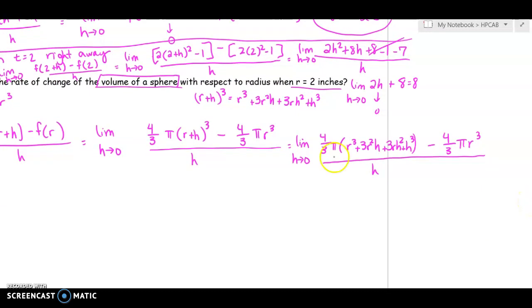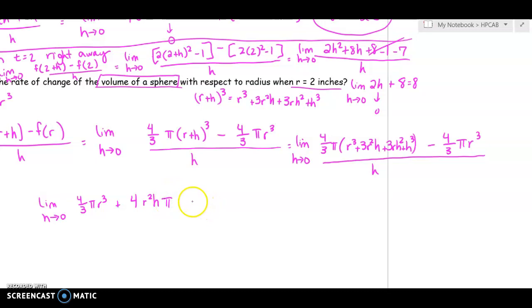What we're going to do is distribute the 4/3 pi to everything inside the parenthesis there. So we're going to end up with the limit as h approaches 0 of 4/3 pi r cubed. 4/3 times 3 is just 4, so you get 4 radius squared times height times pi.